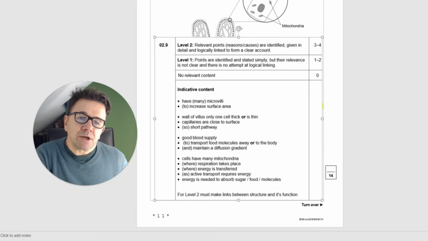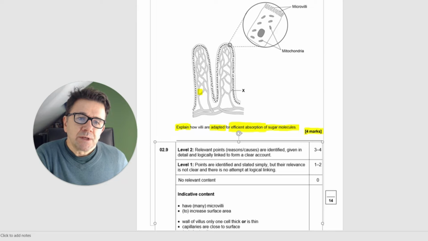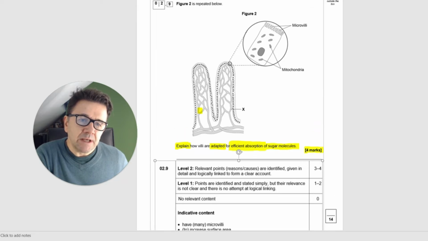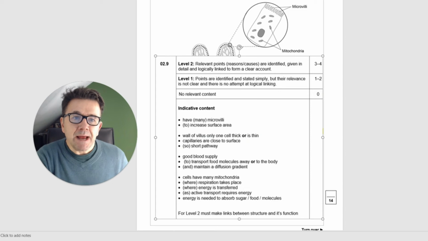It's important to think what you're writing is about getting marks. So if you look at the structures, they show you in the diagram, even if you knew nothing about villi, you can see here on one villus, they then have cells, and those cells have lots and lots of microvilli, and you can mention that they have many microvilli. Why is that useful?